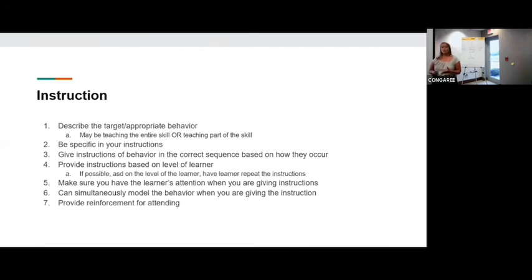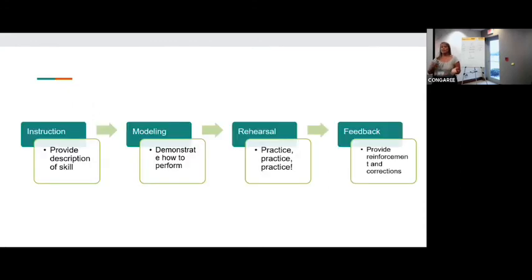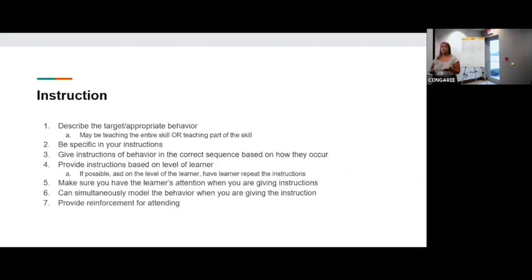You can also simultaneously model the behavior when you are giving the instructions. So steps 1 and 2, that instruction and modeling, might happen separately or they might co-occur. And that's going to depend on your learner. If I'm doing it with a colleague, because I'm transferring over a student program, I might do those together because it's a faster pace.